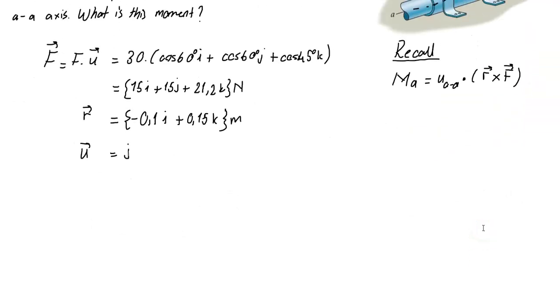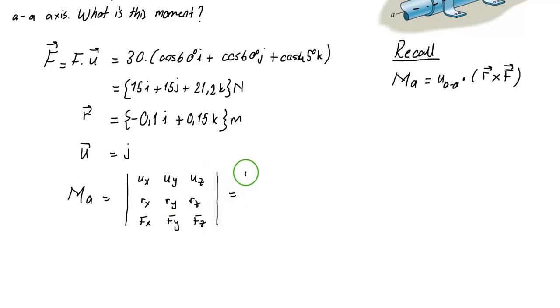So we're going to have the moment about A, that will be the determinant of ux, uy, uz, rx, ry, rz, and fx, fy, fz.